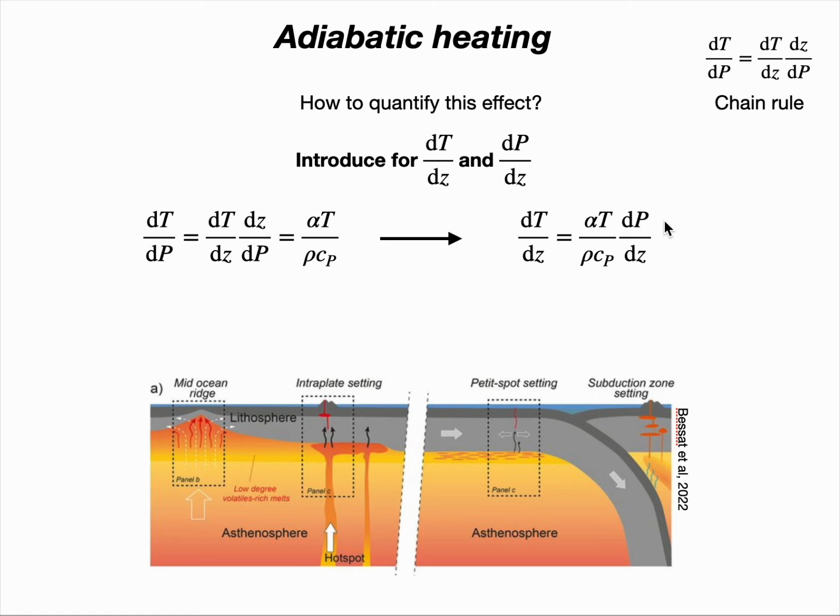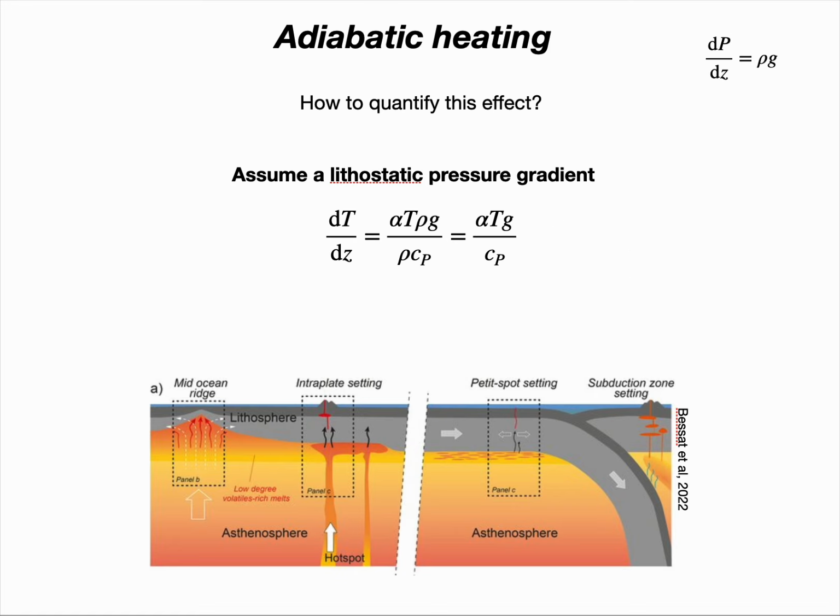So we end up with this cluster of values. And now we assume a lithostatic pressure gradient by saying that dP/dz is rho g. So we replace dP/dz by rho g. And now we even have rho at the top and bottom, which can cancel out. dT/dz is alpha T g divided by Cp.